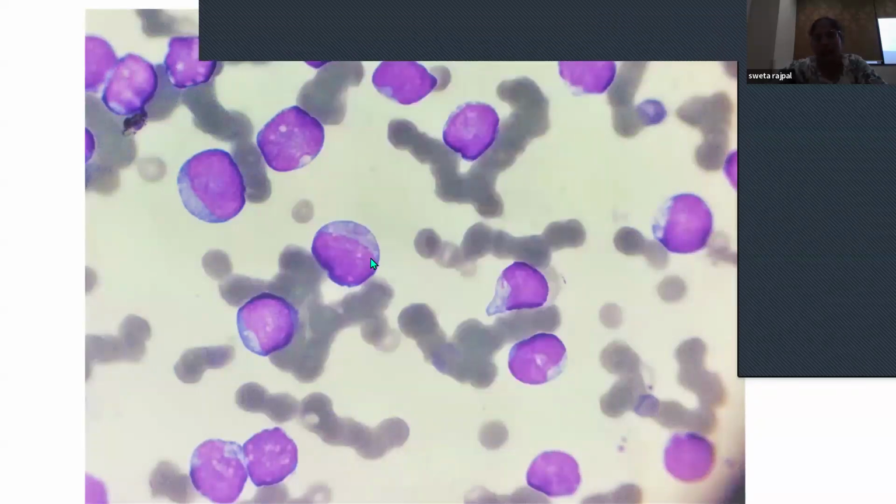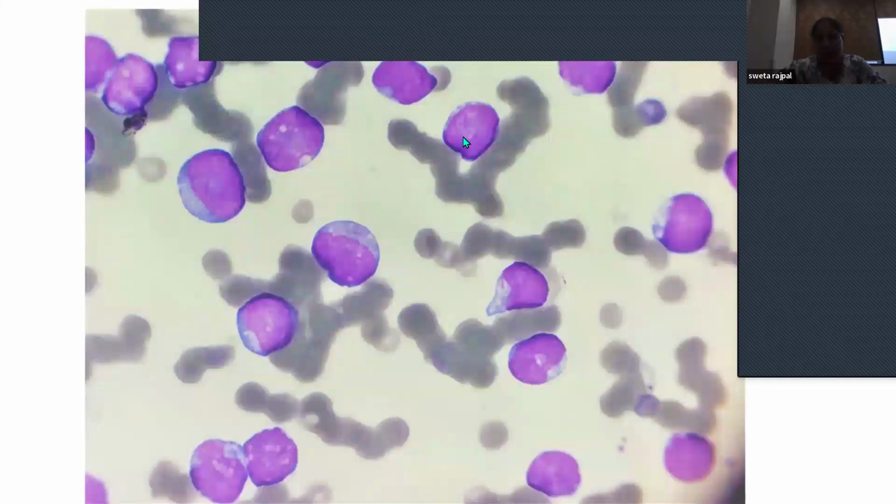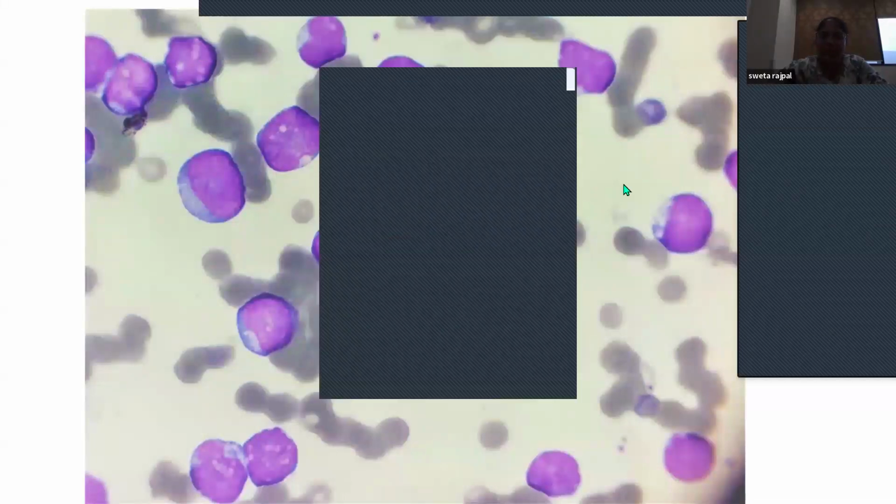Now here what we can see is there's opened up chromatin of the nuclei, and cytoplasm is a little more as compared to the previous. So when we look at such kind of morphology, can we confidently call that this is AML? Someone says APML.